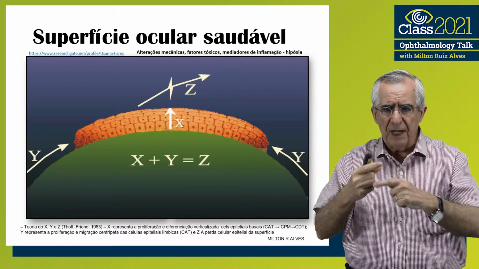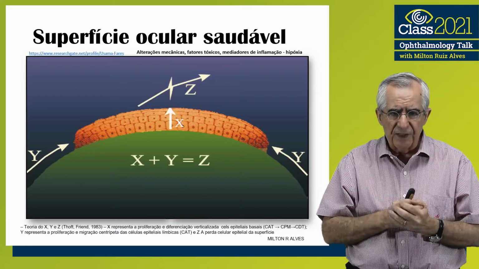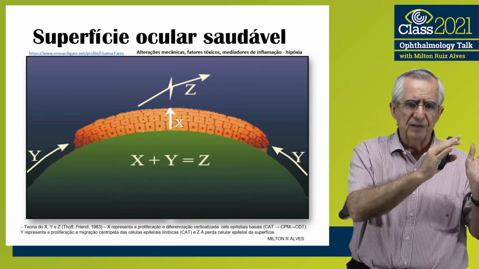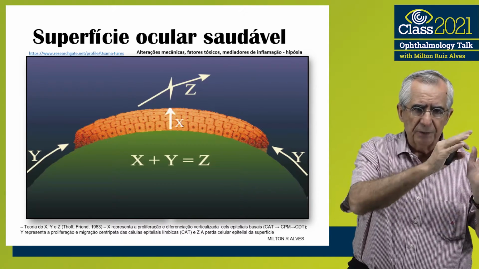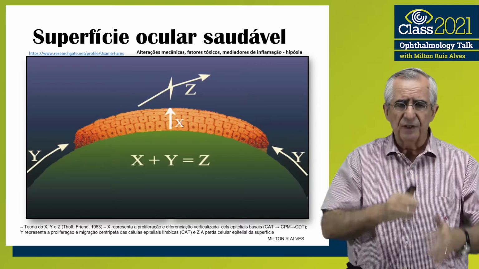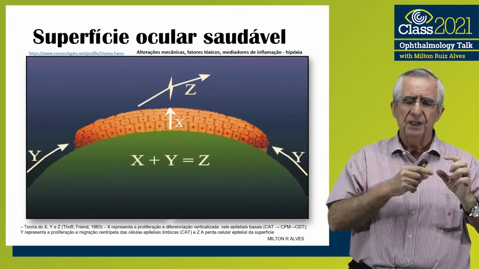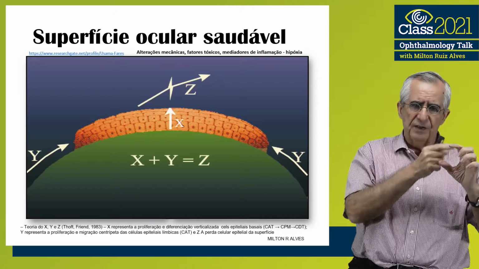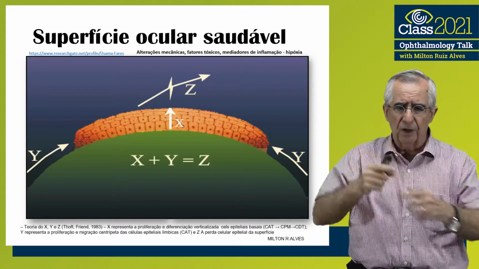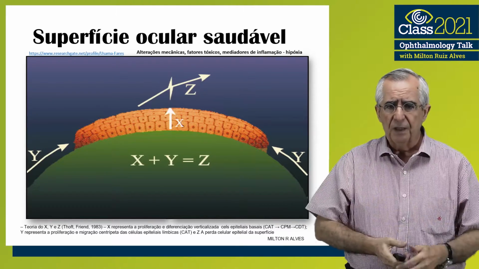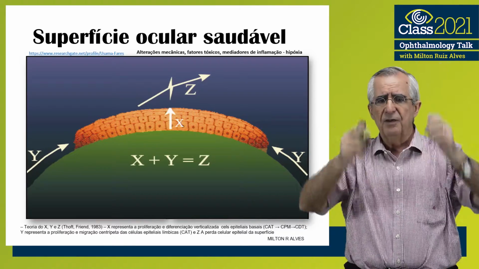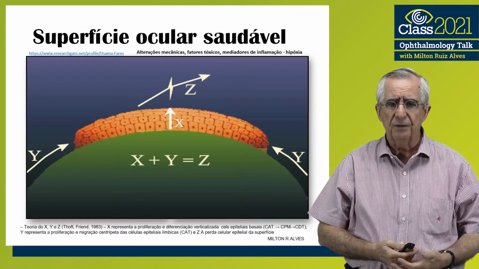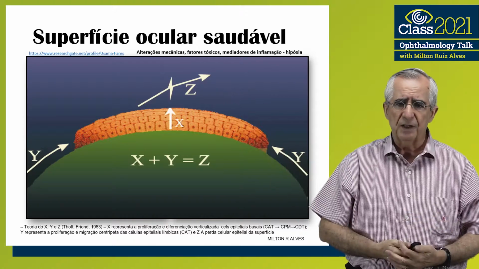And X plus Y represents the proliferation and the migration of these stem cells, which will then divide and keep splitting and repeating to get the answer that we need, which equals Z. So Y stands for the proliferation and Z for the desquamation.